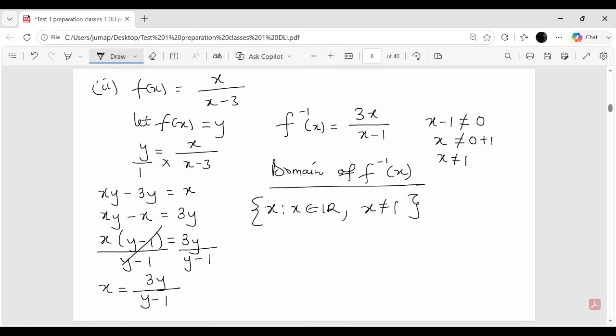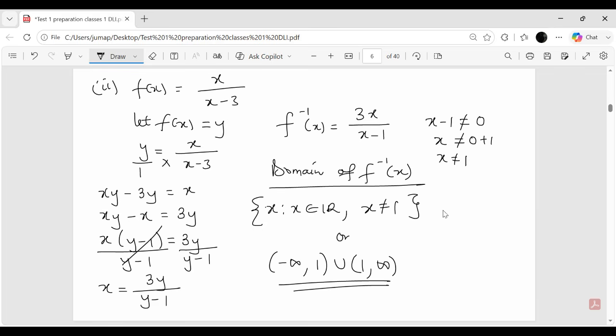Yes, sir. Okay. So if you're using interval notation, you know that this one is coming from negative infinity to 1, where 1 is not included, union 1 to positive infinity. You can also write it like this. Both of them are solutions.